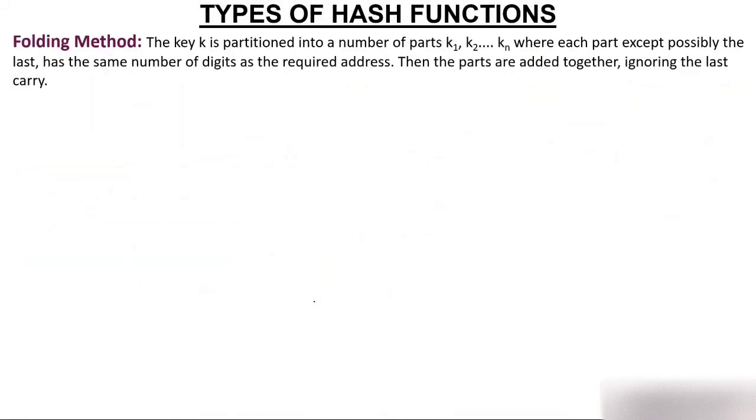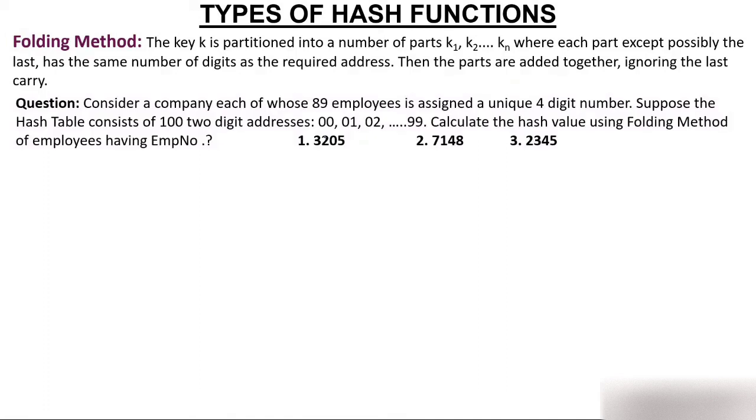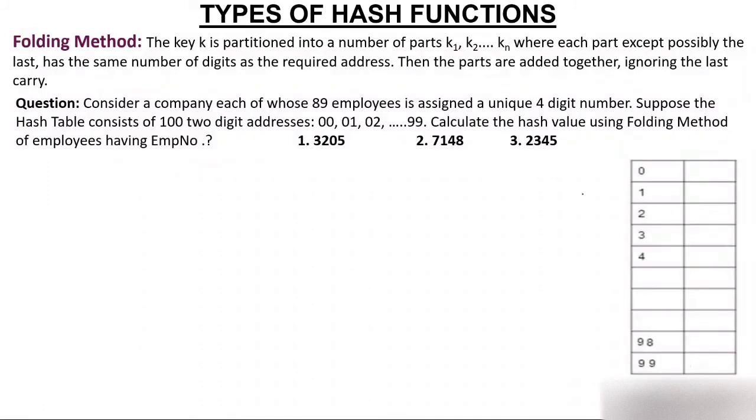Now you have the last method, which is called the folding method. I'm just explaining what this folding method is. You have a hash table with addresses from 00 to 99. In this method, you divide the number into 2 digits, because you have a hash address of 2 digits, and then you take the sum of the parts.